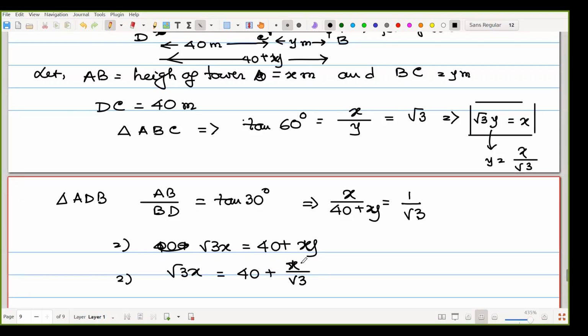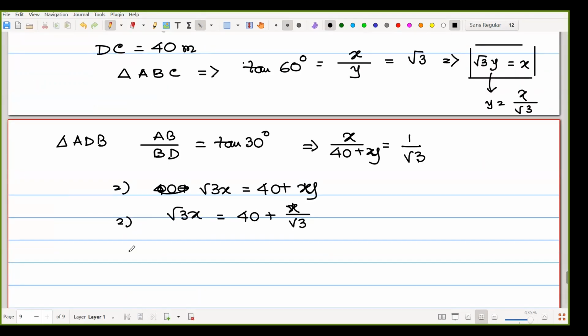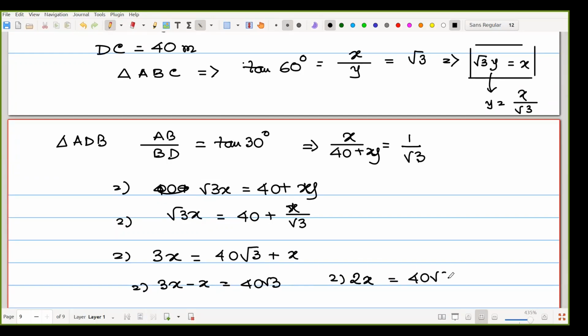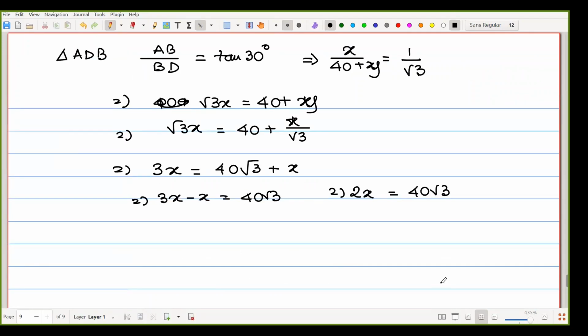Just using the value of Y, from here we can find 3X is equal to 40 root 3 plus X, or 3X minus X is equal to 40 root 3, or 2X is equal to 40 root 3, or X is equal to 20 root 3 meter.